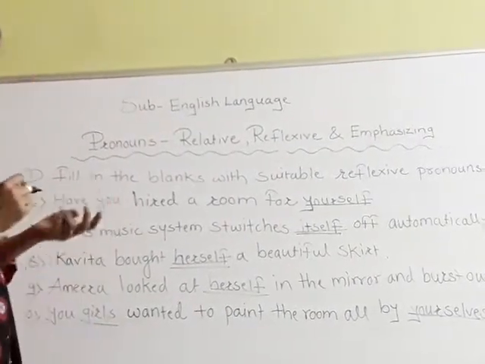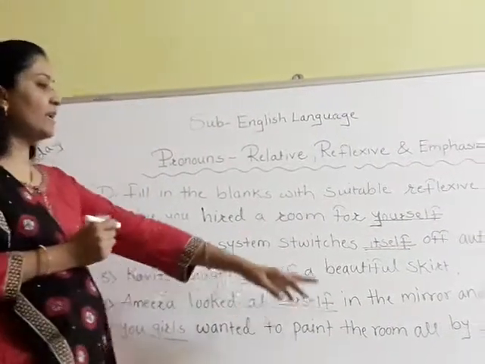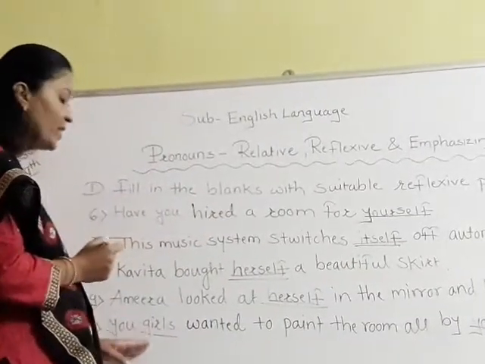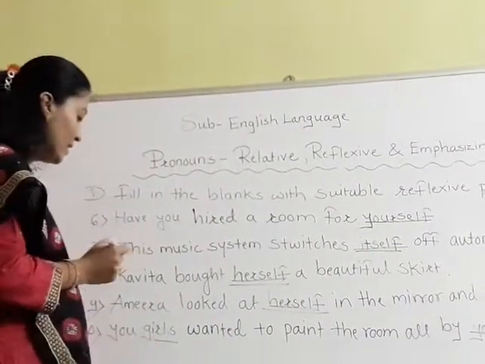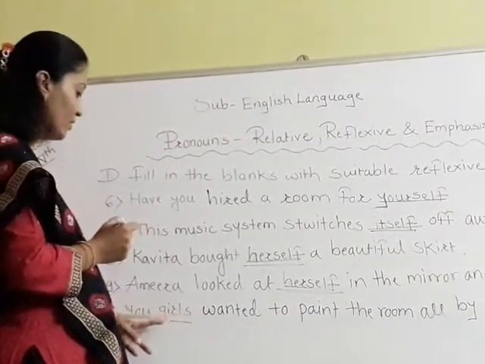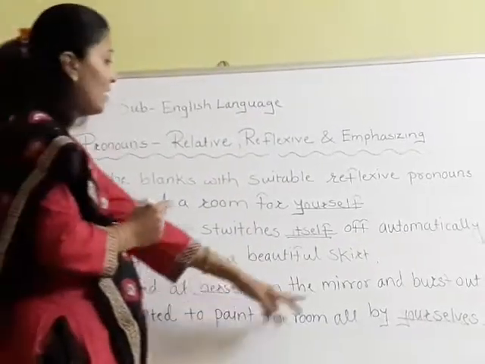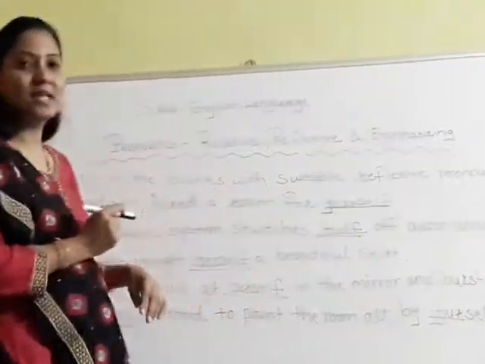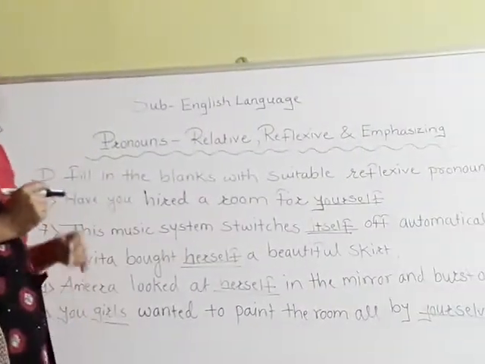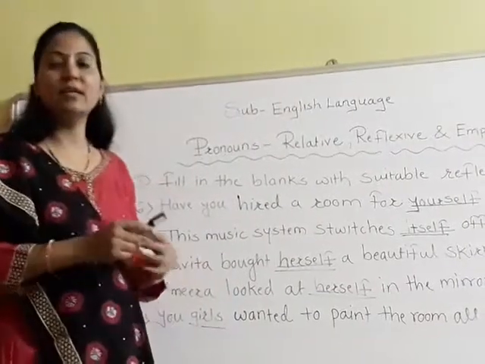When the person or pronoun is singular, at that time we have to use yourself. But here so many girls are there. We have used the noun girls, so we have to write the reflexive pronoun yourselves. So like this we have finished question number D.